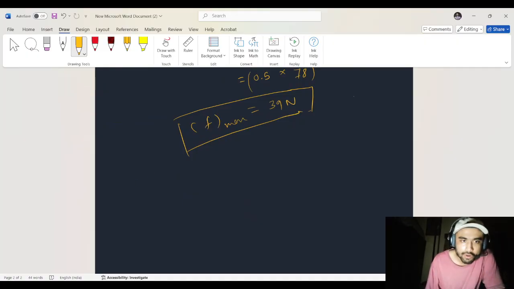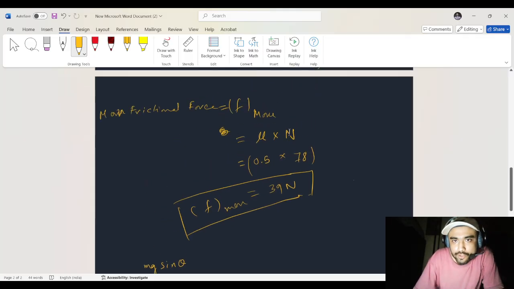Now, the final part. It is almost done, bear with me. The final part is finding out whether the value of mg sine theta is greater than, less than, or equal to the frictional force.